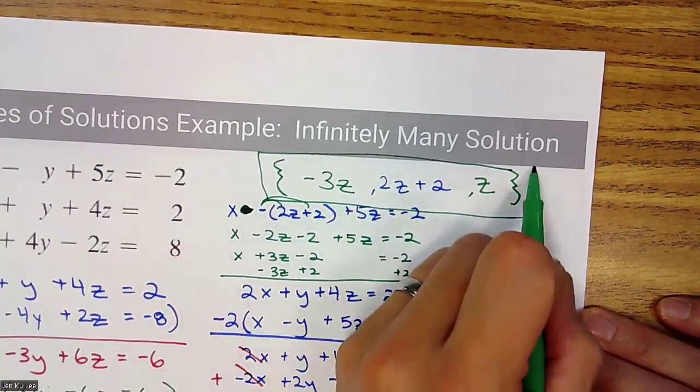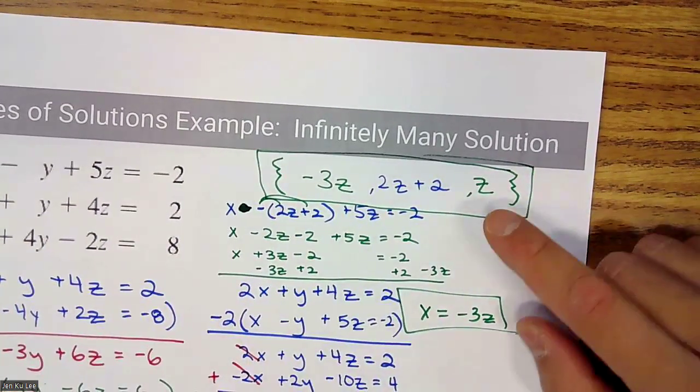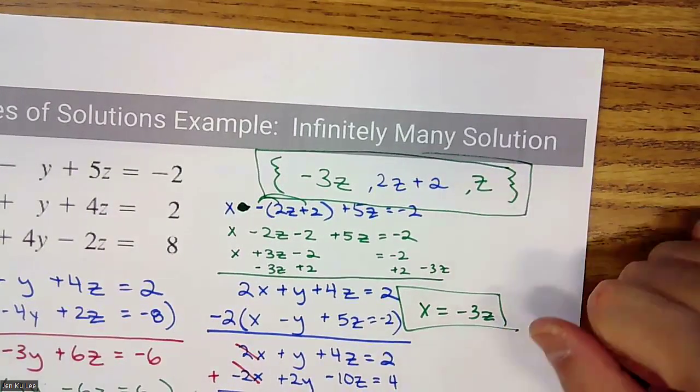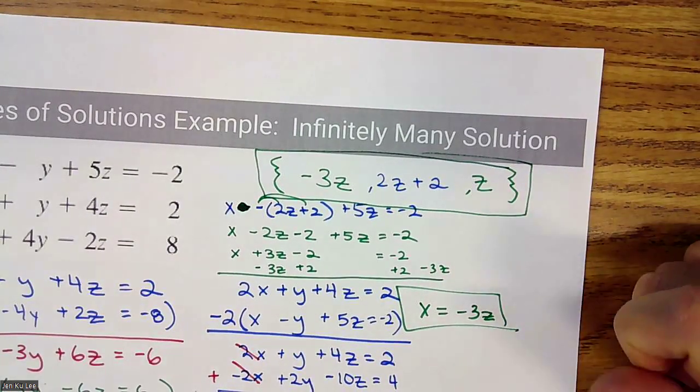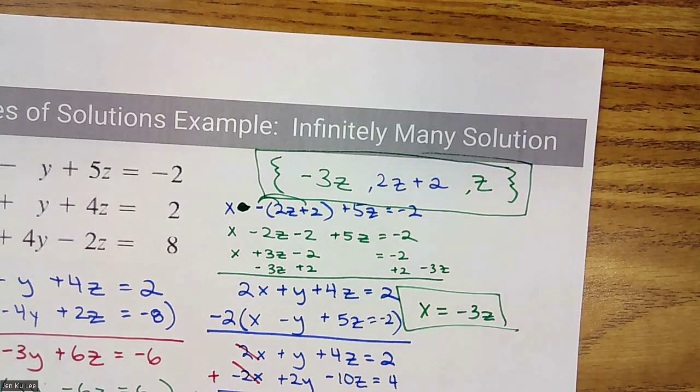So negative 3z is my solution. If you have infinitely many solutions, just leave it in terms of z, okay? Because having infinitely many solutions doesn't mean I can put in any number for x, any number for y, any number for z, right? I can't just say, oh yeah, x is 5, y is 10, and z is 1,000,000. I can't do that.